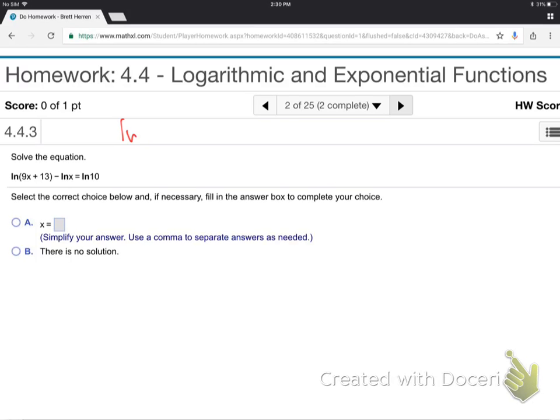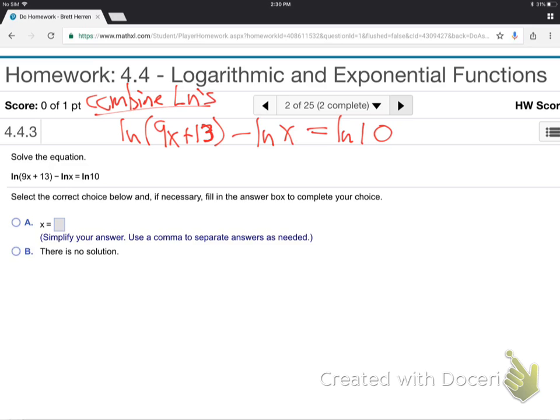Okay, so natural log of 9x plus 13 minus natural log of x is natural log of 10. What you basically need to do is combine the natural logs. How do I combine them?